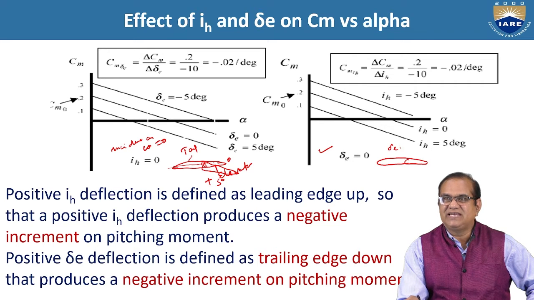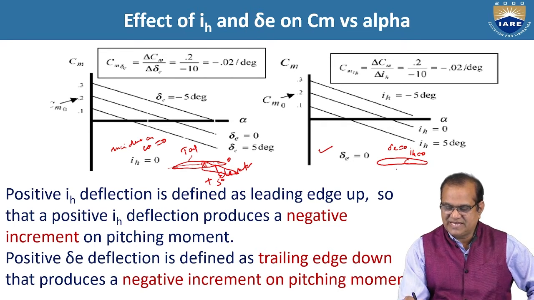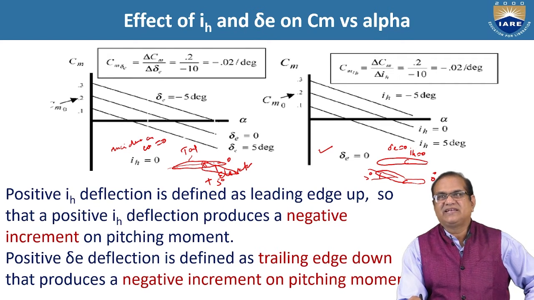So delta E 0 and IH 0. Another case, IH 5. In this case, IH 5 means it is 5 degrees like this, but this is 0 degree, and from here to here is 5 degrees.